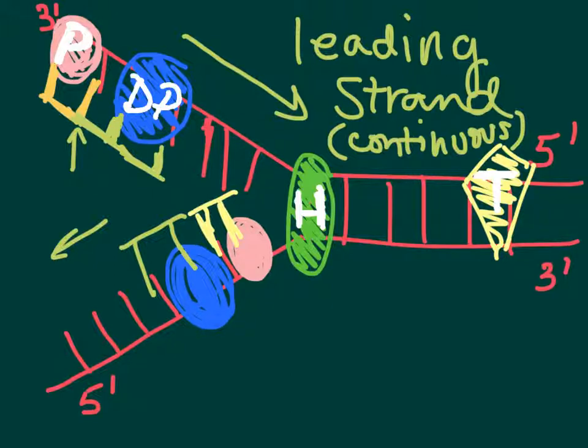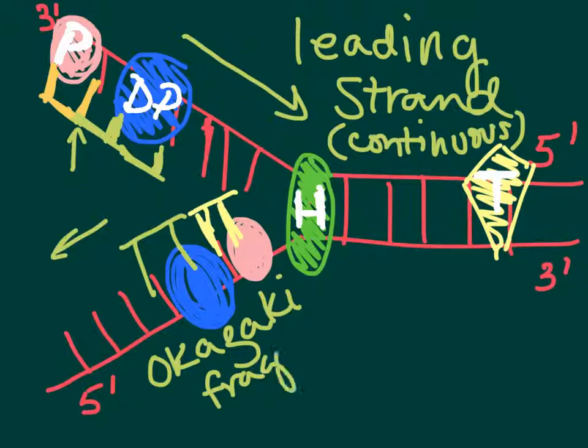They are named for the scientist who discovered that this happens. They're called Okazaki fragments. Naturally, because this happens in pieces, this process is ridiculously slow.